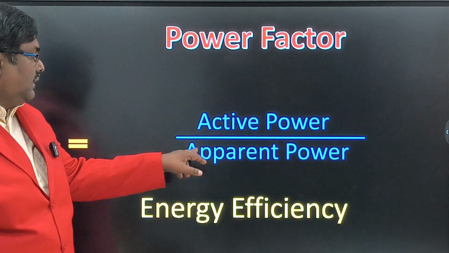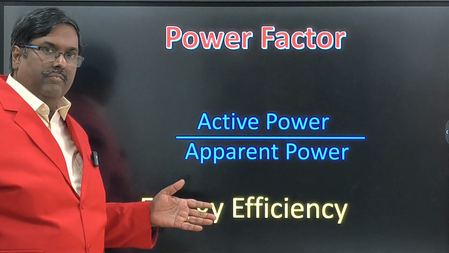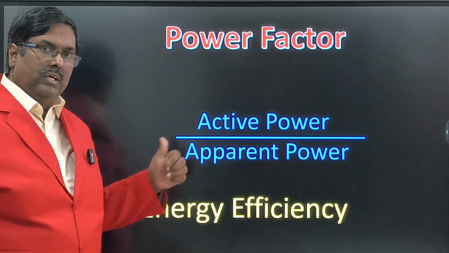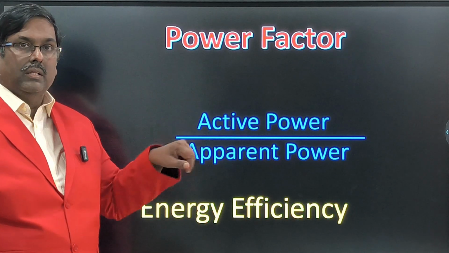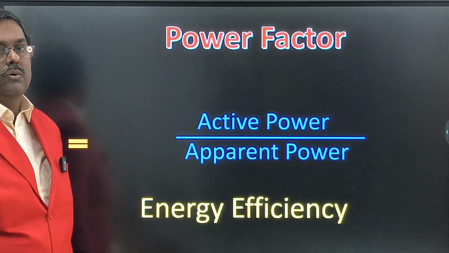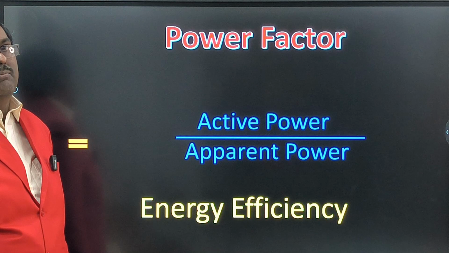Got it? So these are the terms we are using: apparent power, active power, reactive power. The units are different, the instrument we are using for measuring is different, and how to calculate. If you know two, you can calculate the third one. So how are you going to calculate? Simple idea I will give you. Definitely it will be very helpful to you.